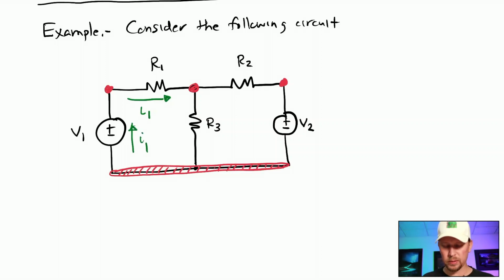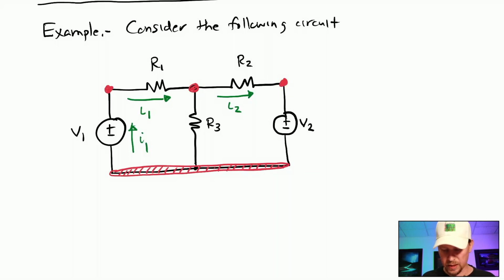Now, this I1 does not go to the right-hand side and go through R2, or go down through R3. We have to define new currents there, right? So, for example, kind of at pseudo-random, I could define a current I2 flowing from there to there. Notice that it is going from this node to that node through the resistor R2.